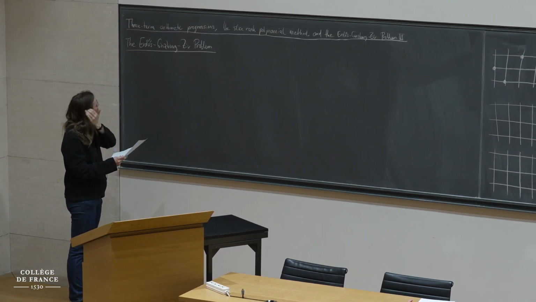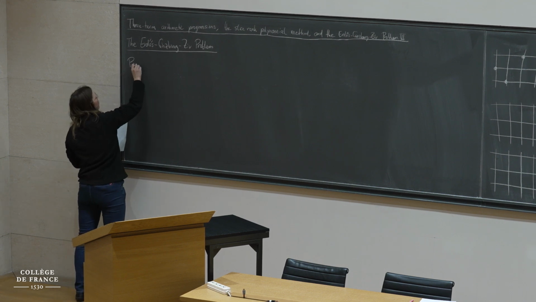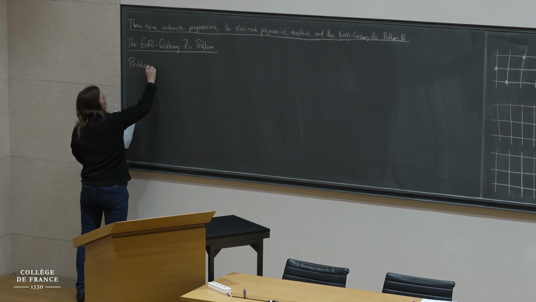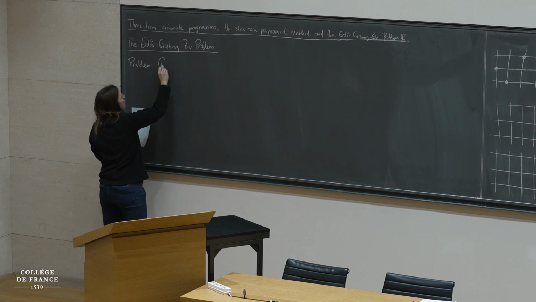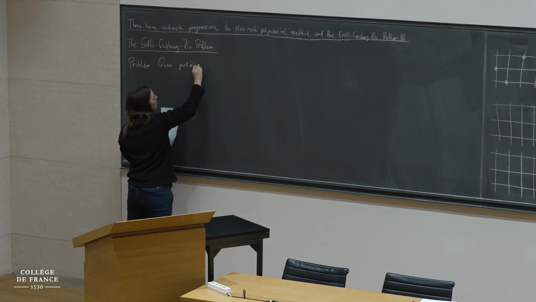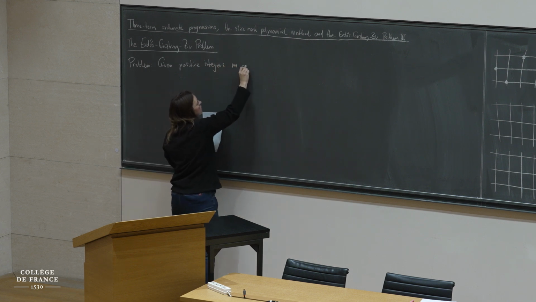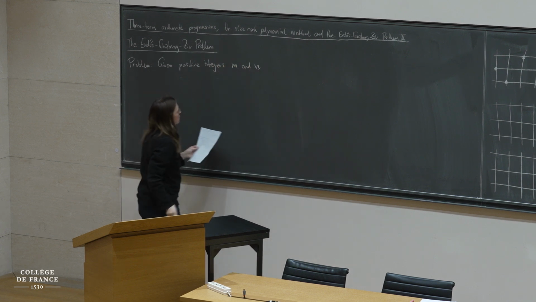So the Erdös-Ginzburg-Ziv problem is a problem in discrete geometry, and the statement of the problem is as follows. Given positive integers m and n, so m and n are given.